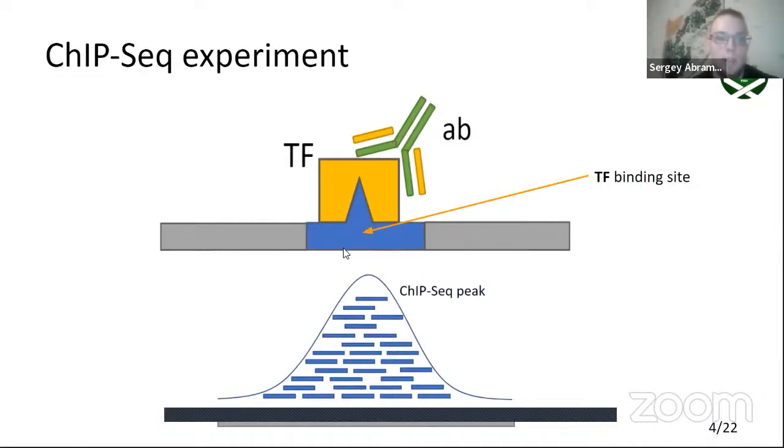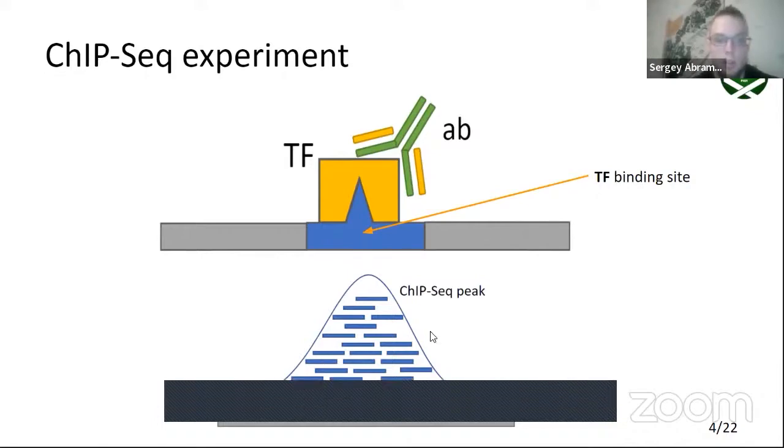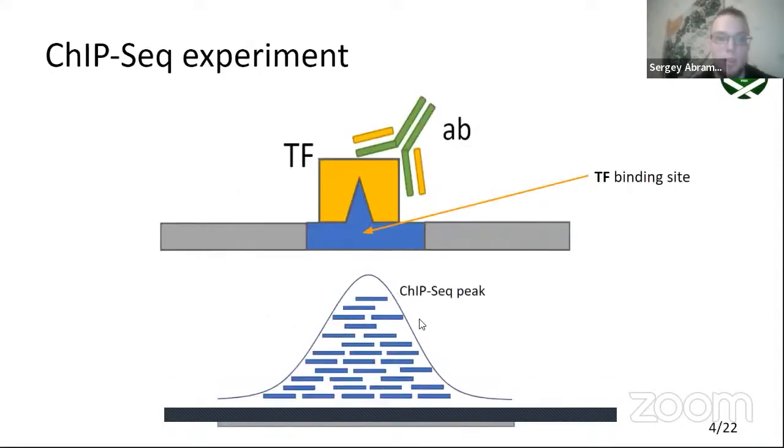These DNA fragments are then sequenced and mapped to the reference genome, and we end up with a so-called ChIP-seq peak with a transcription factor binding site somewhere inside of it.